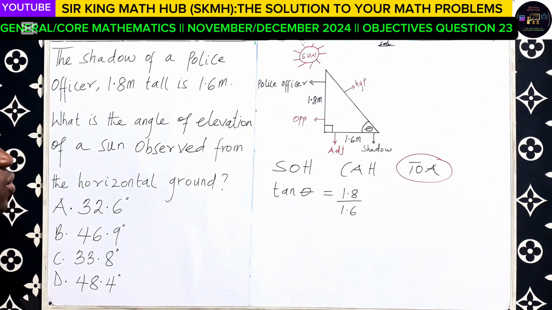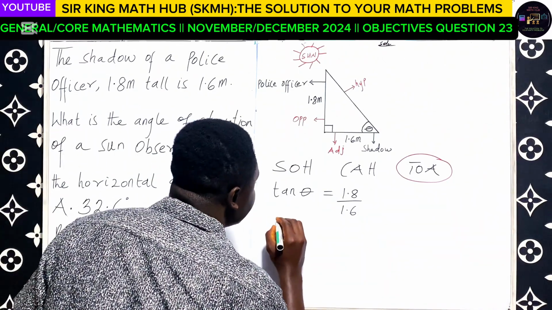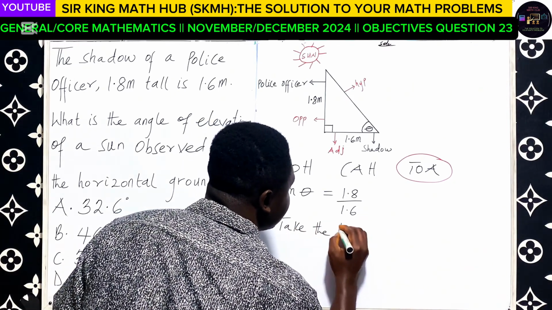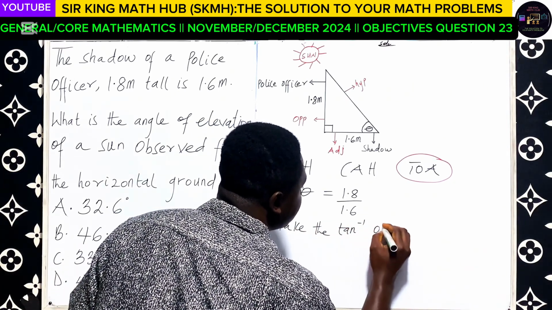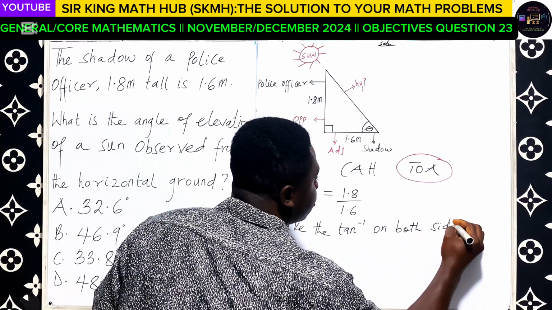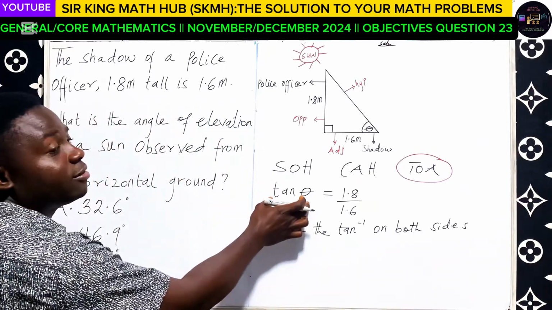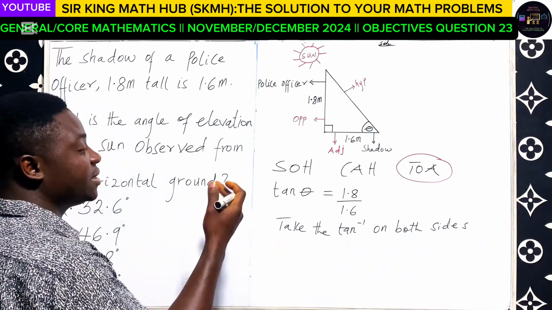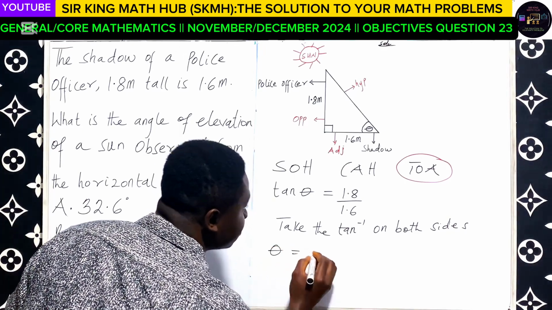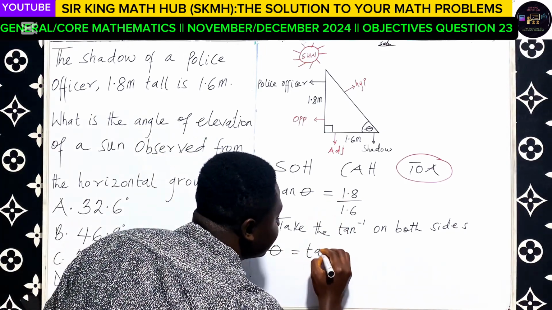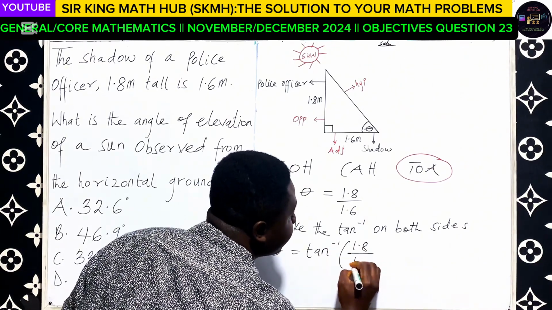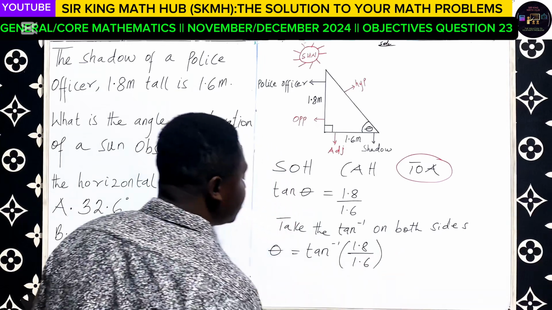We are looking for theta. So we need to take the tan inverse on both sides. Taking the tan inverse of tan theta, the tan and its inverse will cancel out, leaving theta. And then we have theta equals the tan inverse of 1.8 divided by 1.6.